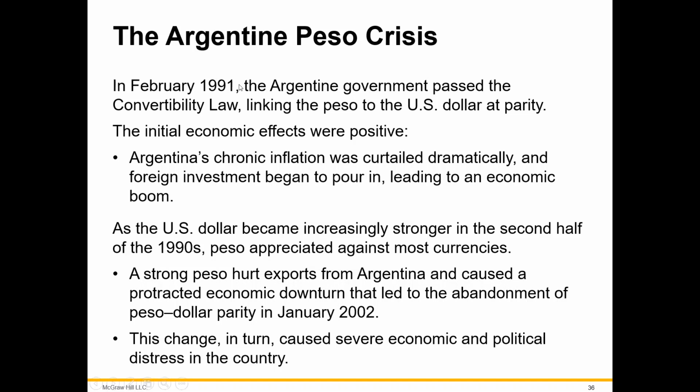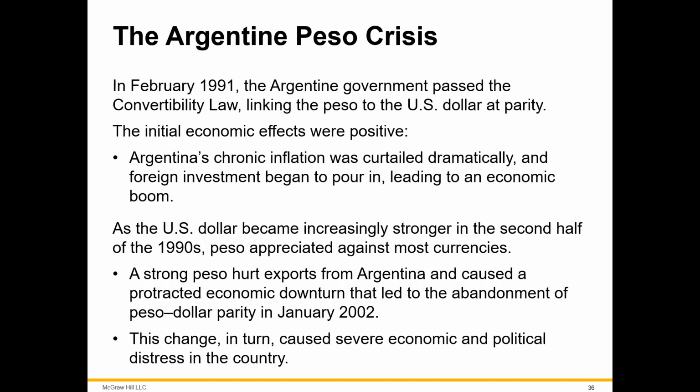The Argentinian peso crisis starts, I guess its inception is in 1991 when Argentina linked the peso to the U.S. dollar, right? Argentina has struggled with rampant inflation for a long time. This was a measure to try to counteract that. The problem is that in the late 90s, the U.S. dollar became increasingly strong, right?